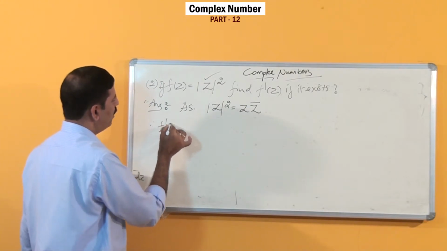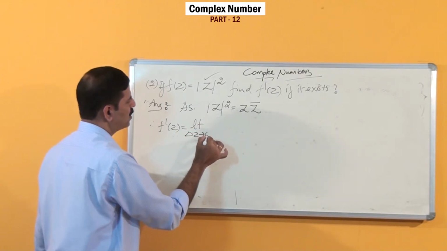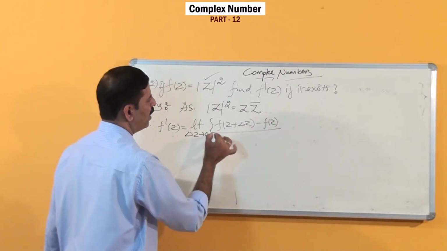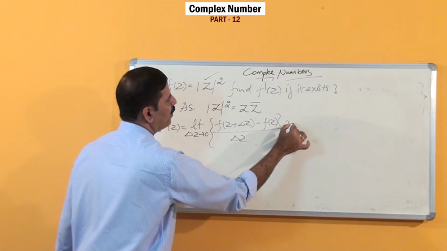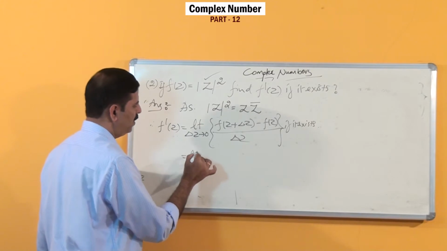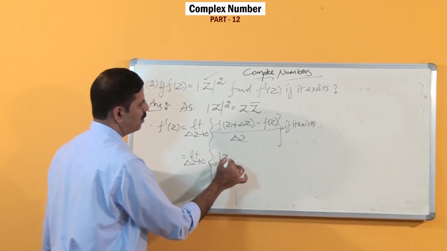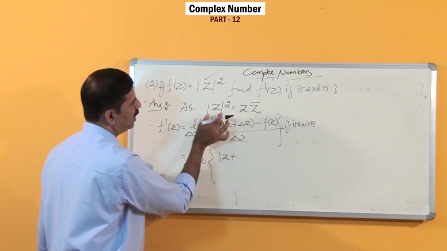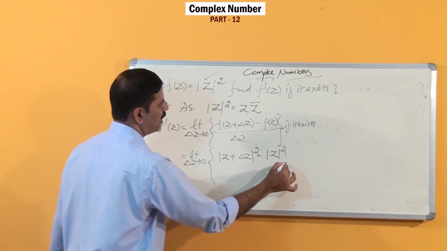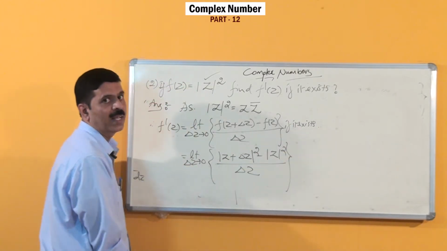Therefore f dash of z is equal to the limit as delta z tends to 0 of f of z plus delta z minus f of z, divided by delta z, if it exists; this condition is always there. That is equal to the limit as delta z tends to 0 of mod z plus delta z square minus mod z square, divided by delta z. I am not writing the condition again and again.